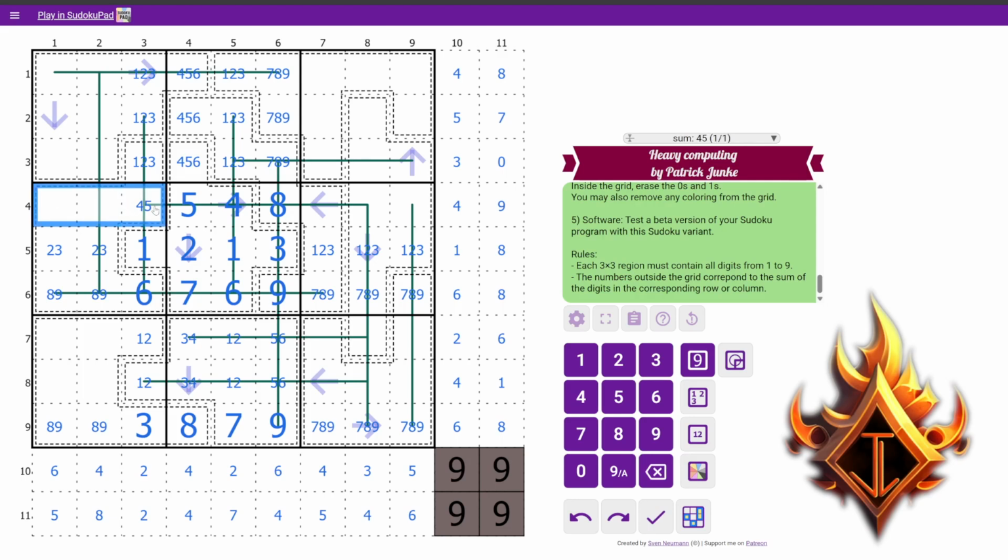This would be 7, 5, 4. But this was supposed to be a 4, 5. Was it not?